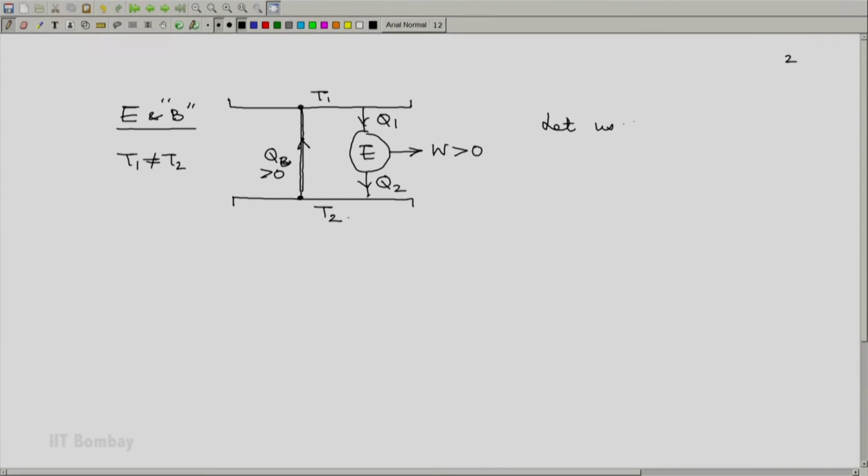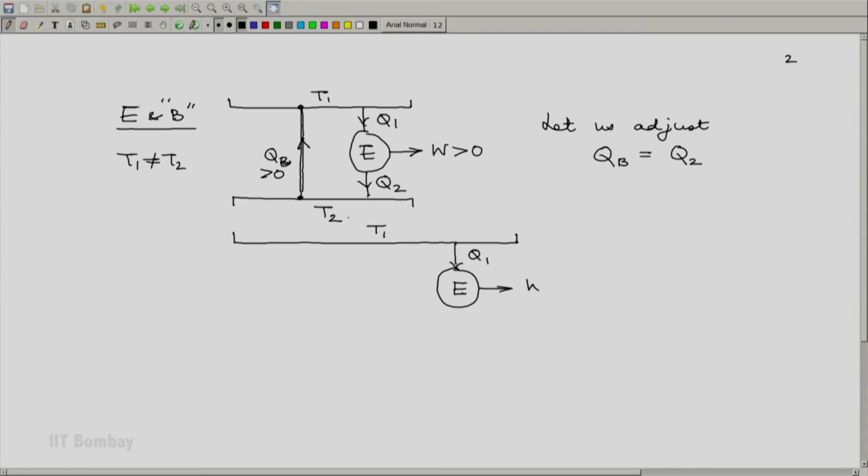So, let us adjust QB and Q2 such that QB equals Q2. Now let us sketch the whole thing again. We have this reservoir T1, it is providing to our engine E heat equal to Q1, and the engine E is producing work W greater than 0.